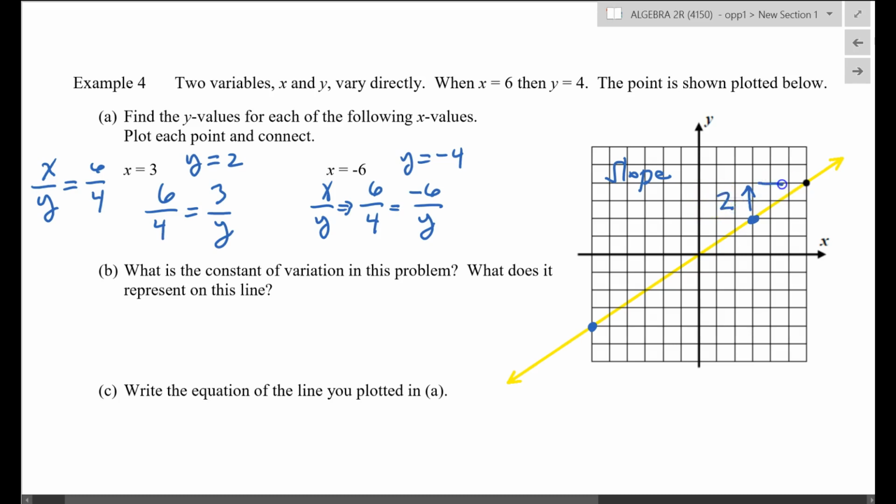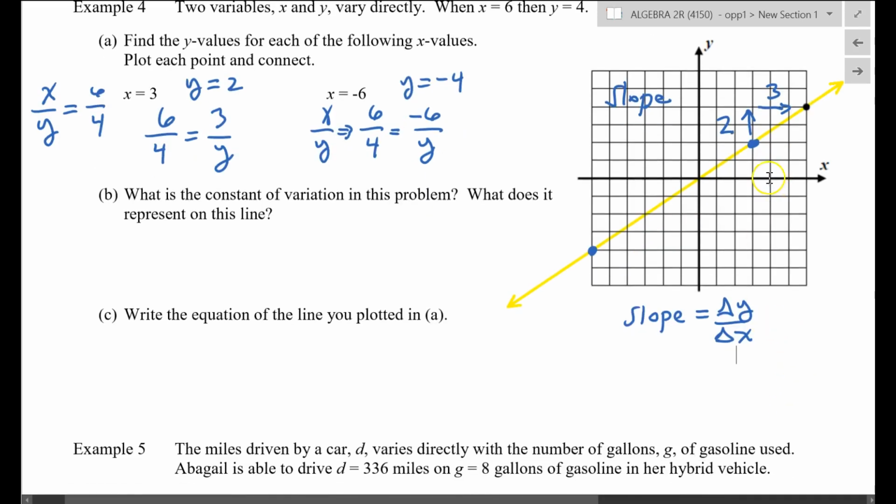How many do I go to the right? I go to the right 3. How do I find a slope? A slope is, I just said it, the change in y over the change in x, right? So how many y values did I change? 2. And how many x values did I change? So the slope of this would be 2/3.